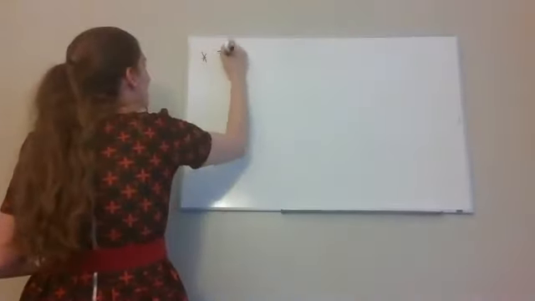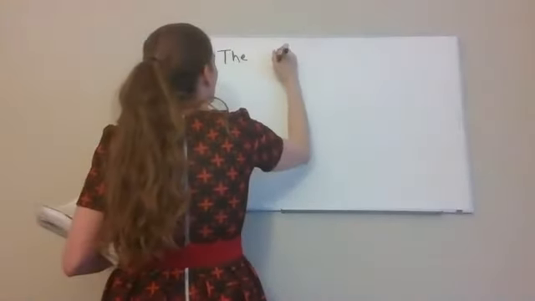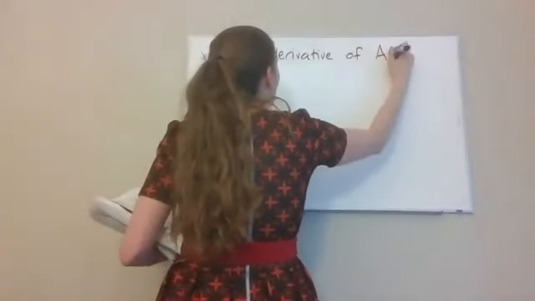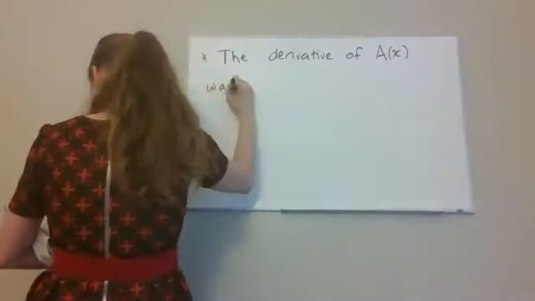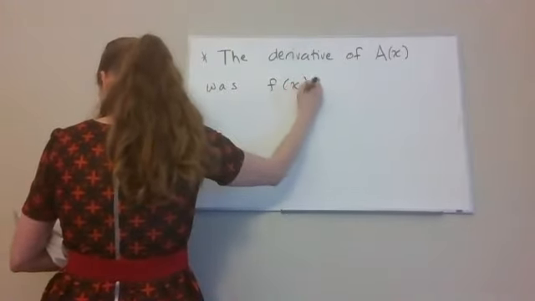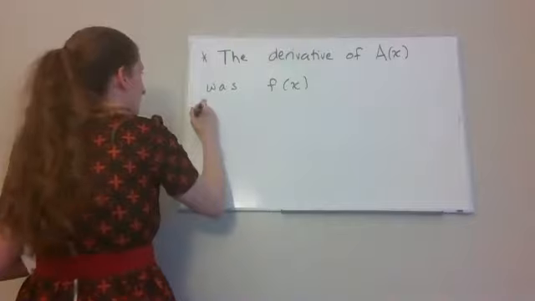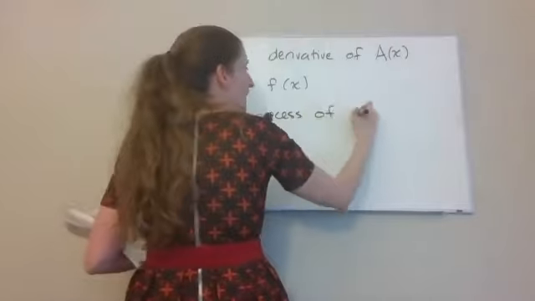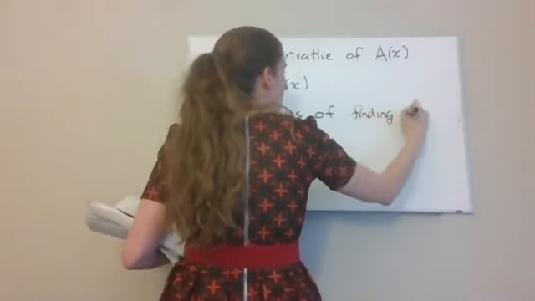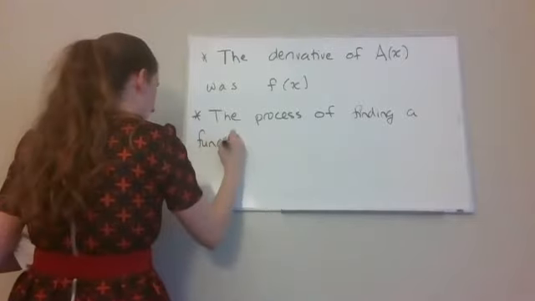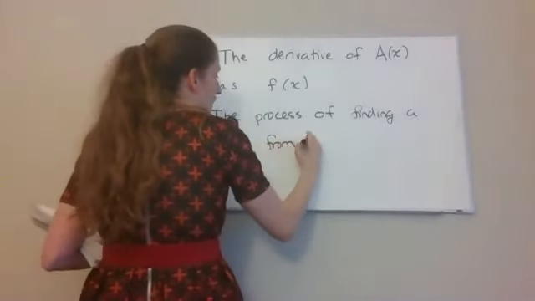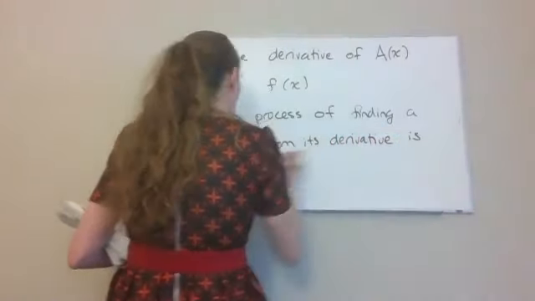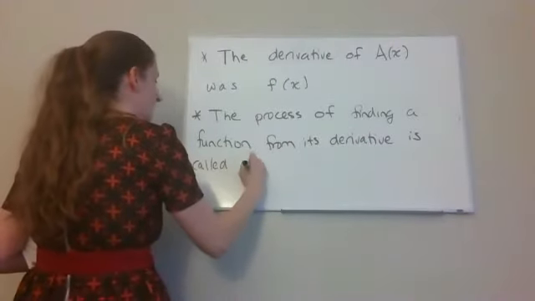So I'm just going to put a note here. The derivative of our area function was the function f. The process of finding a function from its derivative is called antidifferentiation.